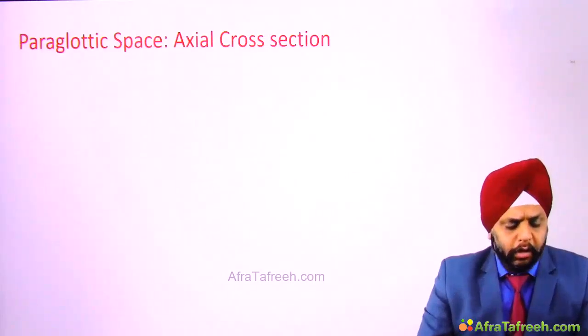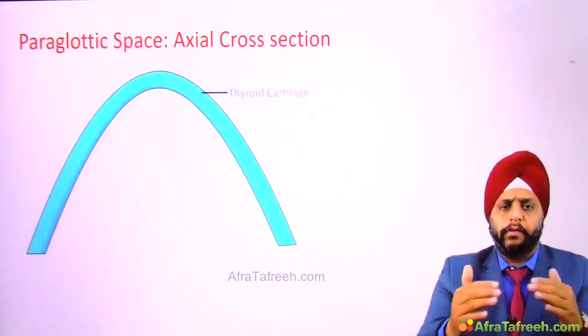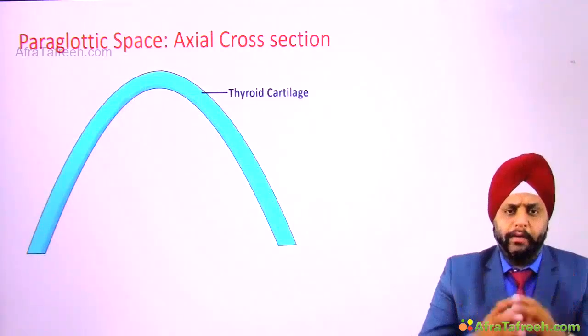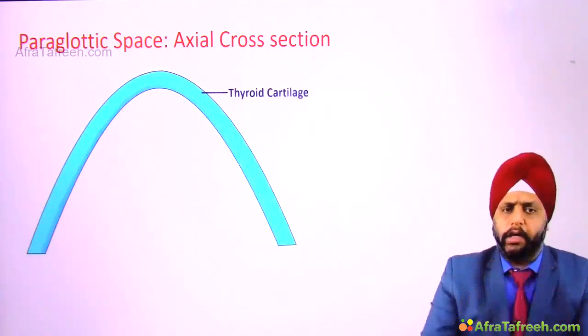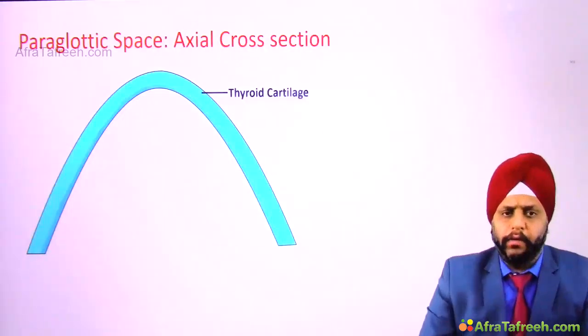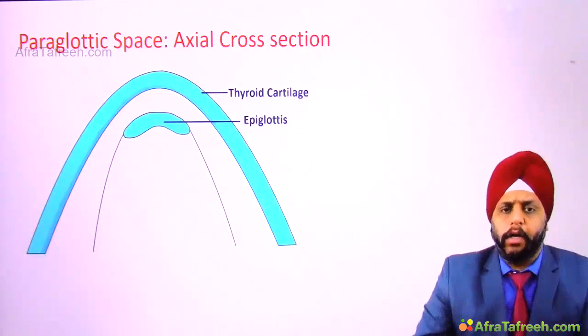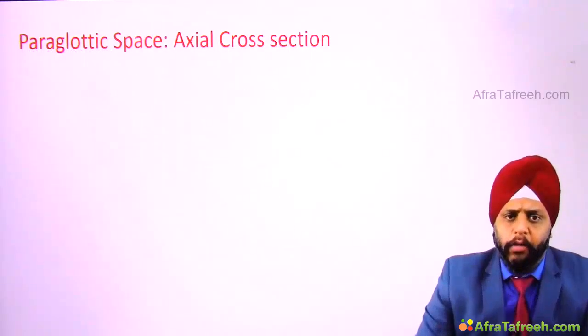Okay, so you see the axial cross section. This is the thyroid cartilage, right? Okay, now what is inside? So that was the anterolateral cartilage. Inside we have the epiglottis and the membrane. Which membrane? The quadrangular membrane. Let's go back and have a look over here.